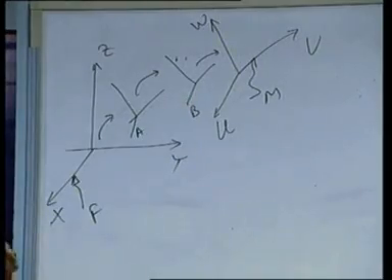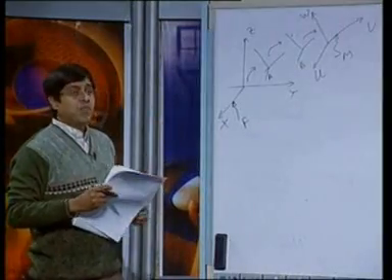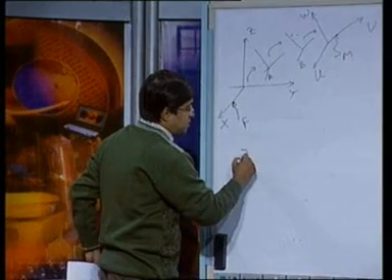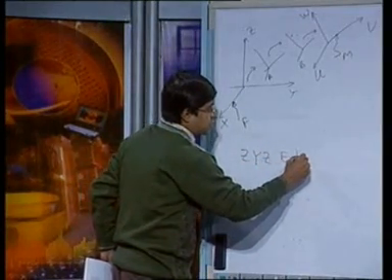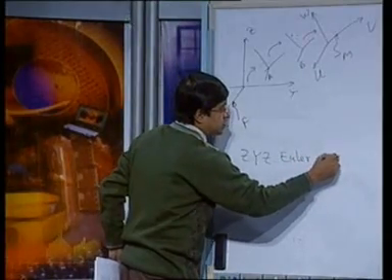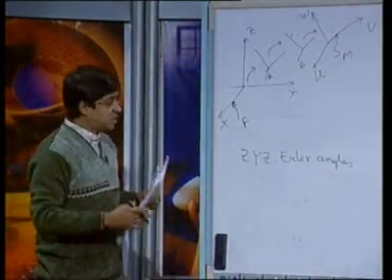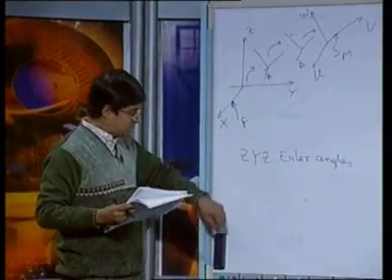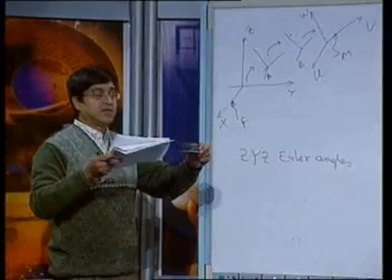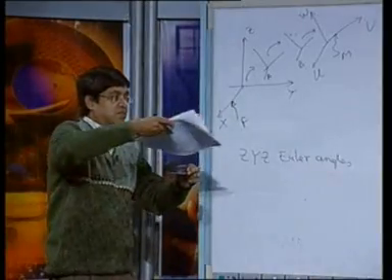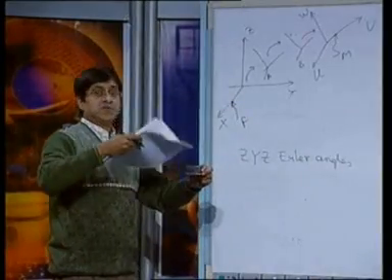Now, since there are several combinations, one of the popular combinations is called Z, Y, Z Euler angles. What is it? First, I rotate about the z axis. For example, this duster, if it has an x axis along this direction, y axis along that direction and z axis along this direction.